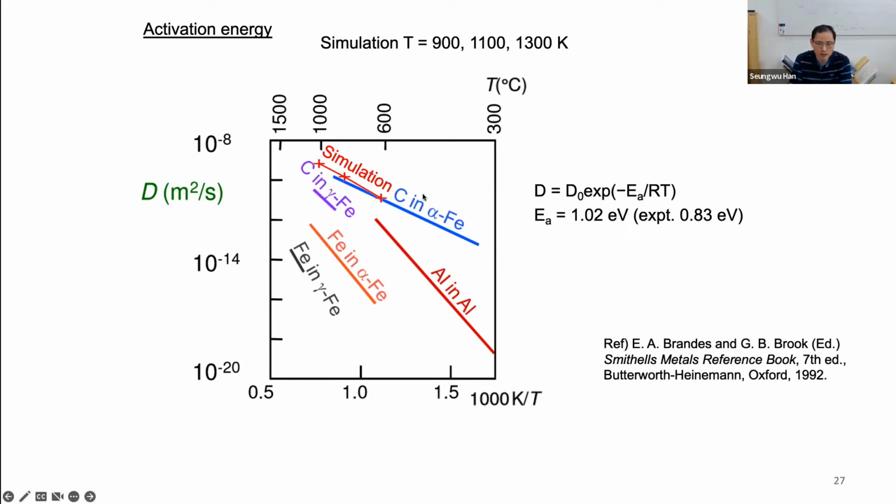And from the simulation, it is around 1 electron volt, which is quite comparable to the experimental value of 0.83 electron volt. So you can directly simulate such a diffusion process, because in this case, this is a high temperature simulation, and therefore you can directly observe such a diffusion within your computation time.